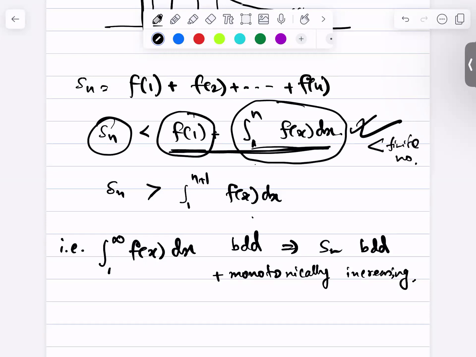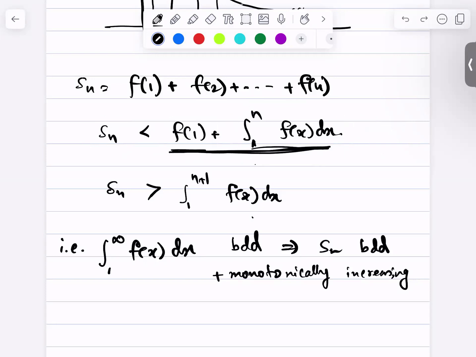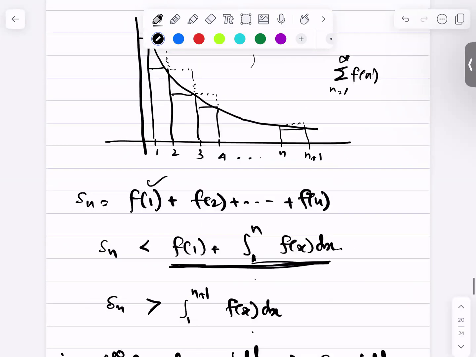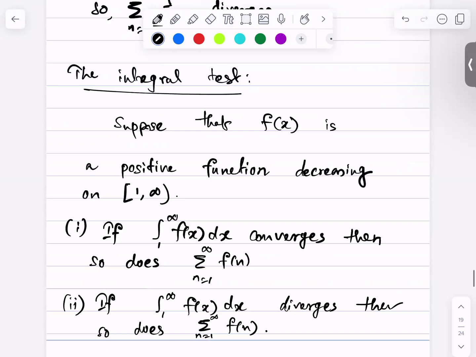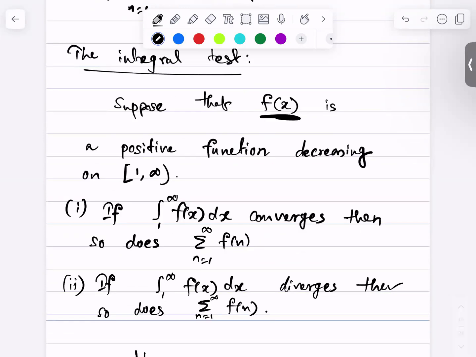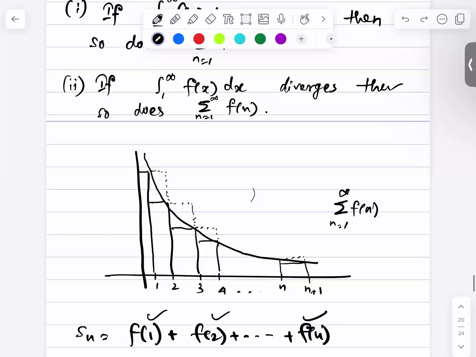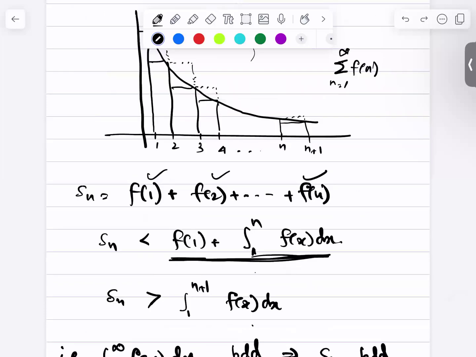Okay, fine. And at the same time, it is obviously monotonically increasing because all of these f1, f2, f3, f(n) are positive by the precondition. The function f(x) is a positive function. So therefore all of these are positive. And when you consider S1, you have f1.